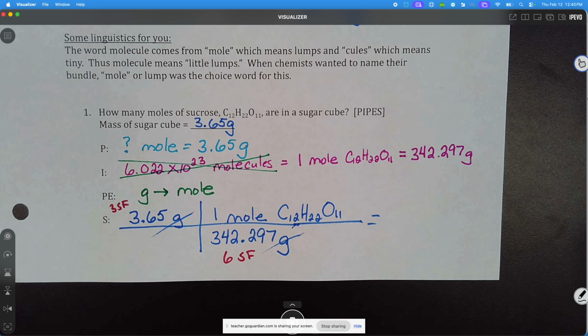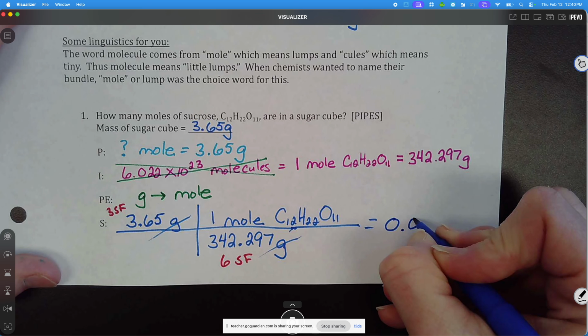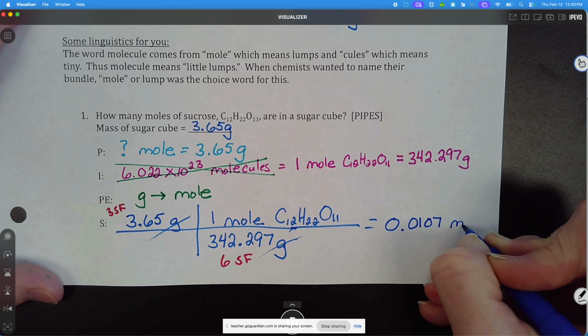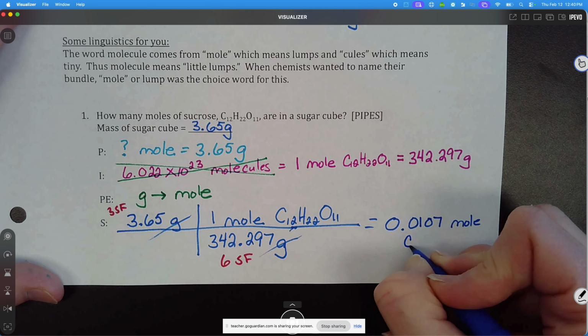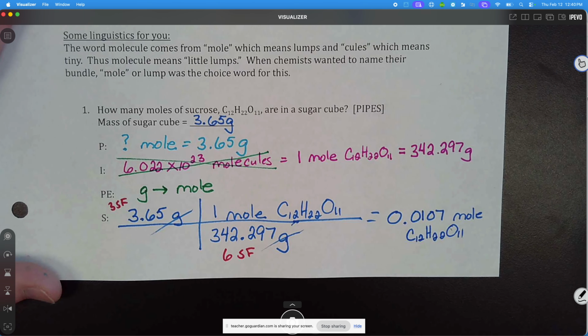Three sig figs, 6 sig figs. I get to keep 3 on my answer. 3.65 divided by 342.297. And I round that to 3 significant figures. 0.0107 moles of C12H22O11.